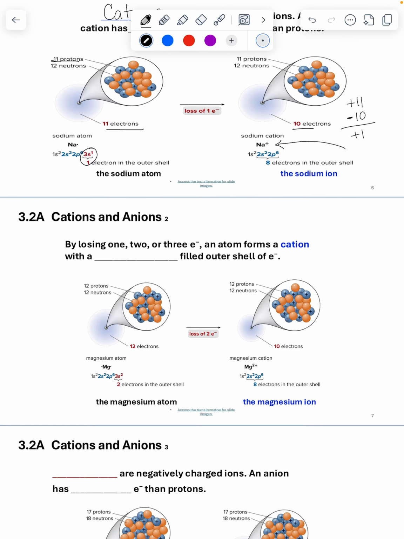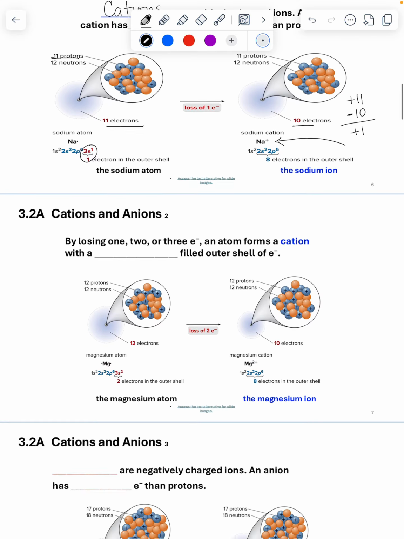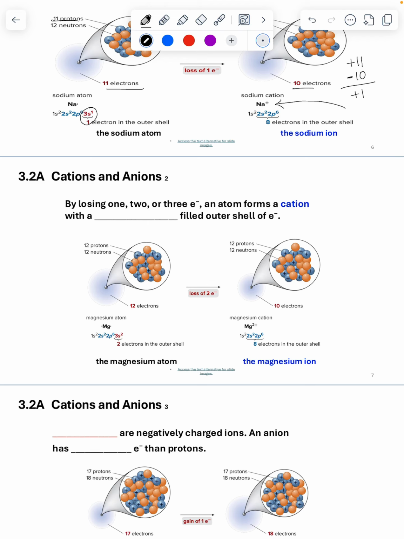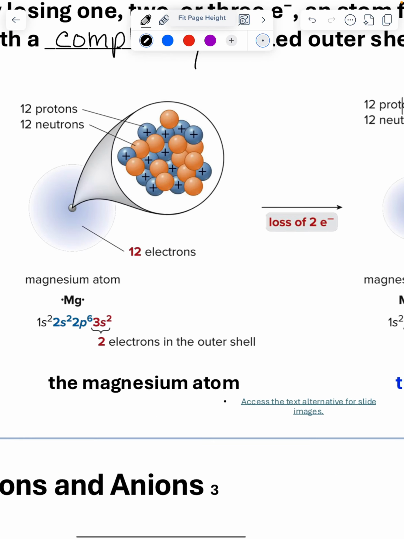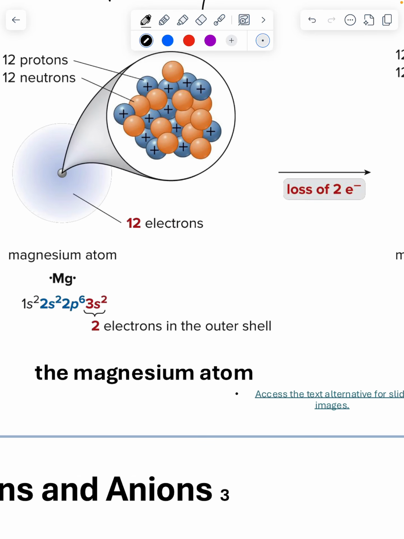The next slide says, by losing 1, 2, or 3 electrons, an atom forms a cation with a completely filled outer shell. So the whole reason behind forming ions is so it can achieve this full outer shell. When we look at the electron configuration of magnesium, we see that the magnesium atom has 2 valence electrons, 3s2.